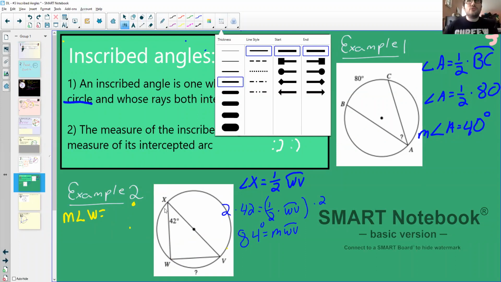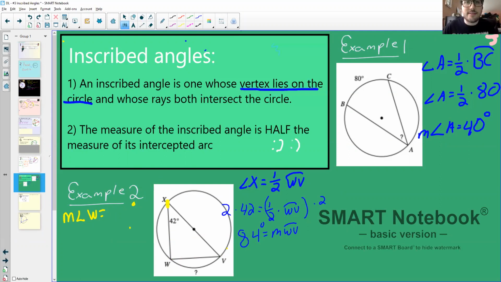Usually when we talk about angles and circles, the best thing to do is highlight the angle. So I'm going to highlight angle XWV. First thing that we all said was that the highlighted angle is an inscribed angle because the vertex of the angle is on the circumference of the circle, right?